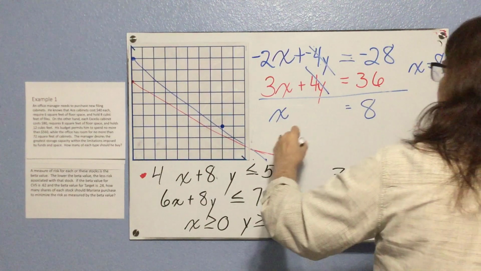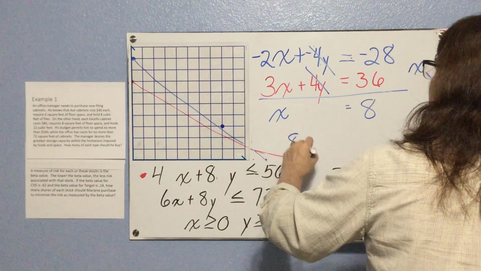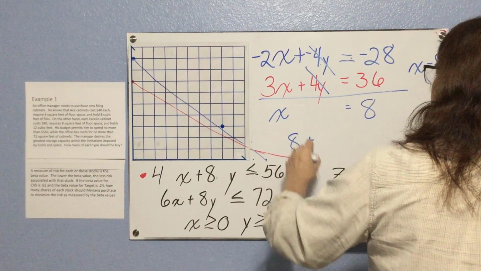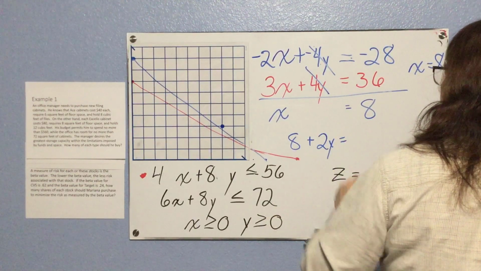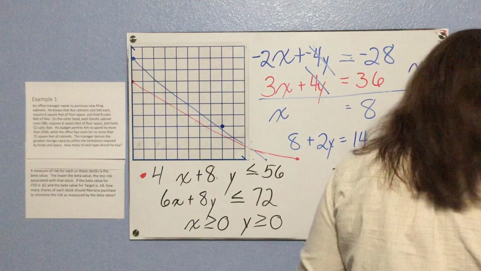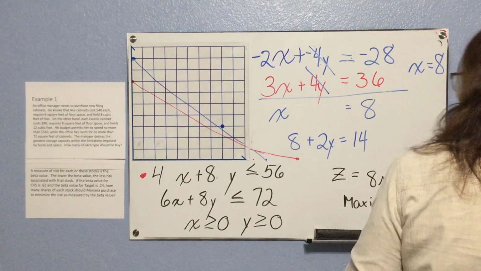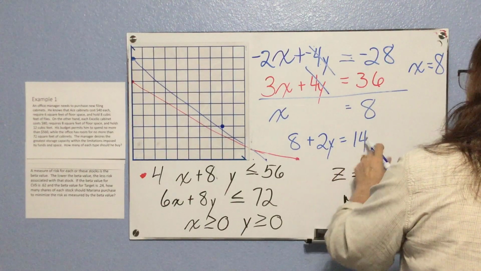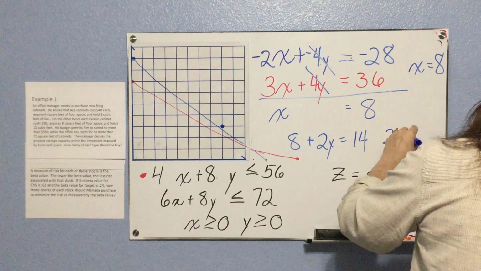Going back to x, which we know is 8. 8 plus 2y equals 14. So I subtract the 8 and I get 2y equals 6.